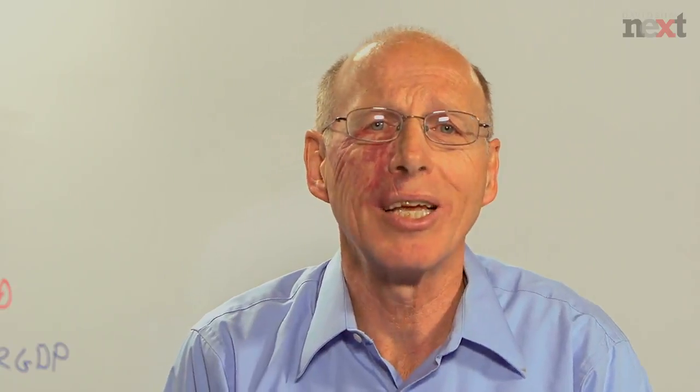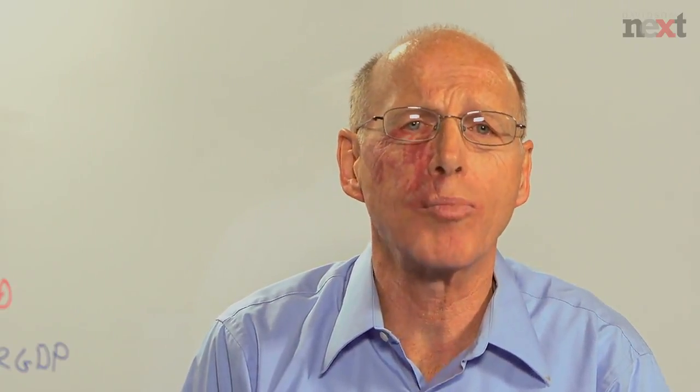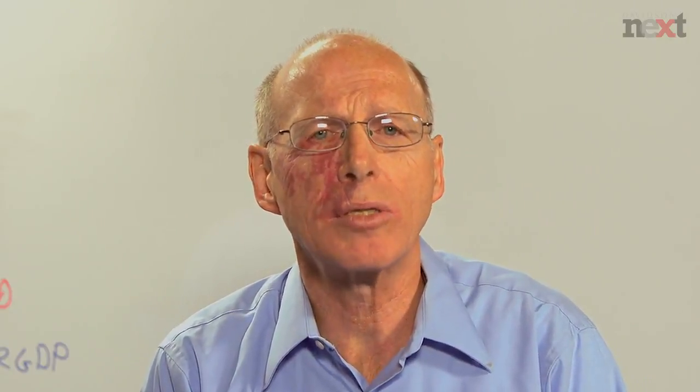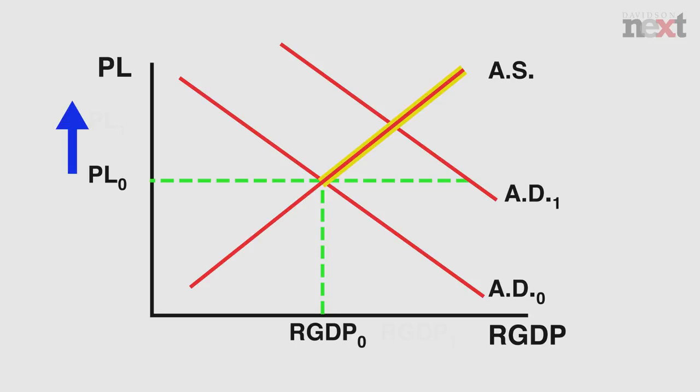The higher price has hurt households, however. That higher price has reduced the purchasing power of their wealth, of the assets they might possess. And as a consequence of that reduced purchasing power, households will now begin to decrease their consumption. And so we're going to move to the left along the aggregate demand curve.